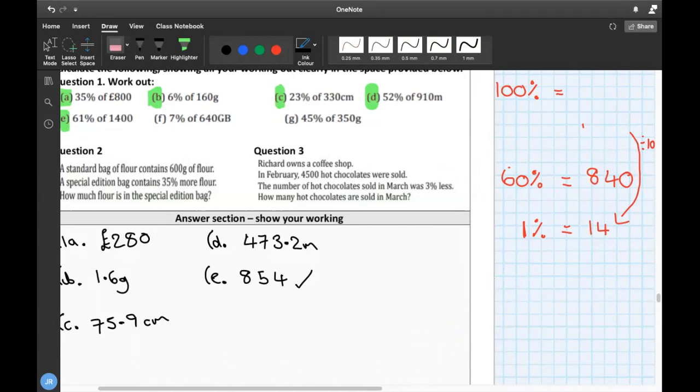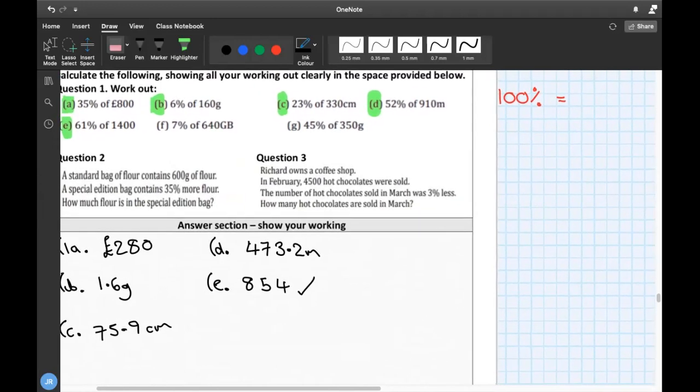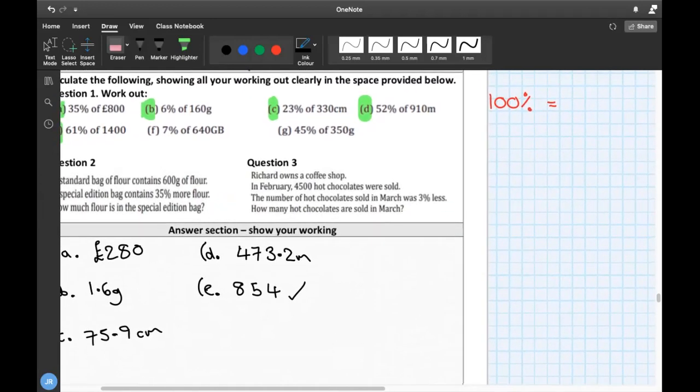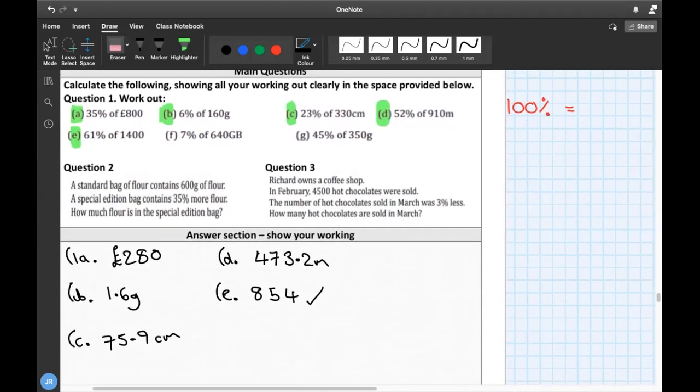7% of 640 GB. GB, they are gigabytes. Okay, so you've got kilobytes, 1,000 of them, then you've got your megabyte, 1,000 of them, then you've got your gigabyte. Okay, let's go.